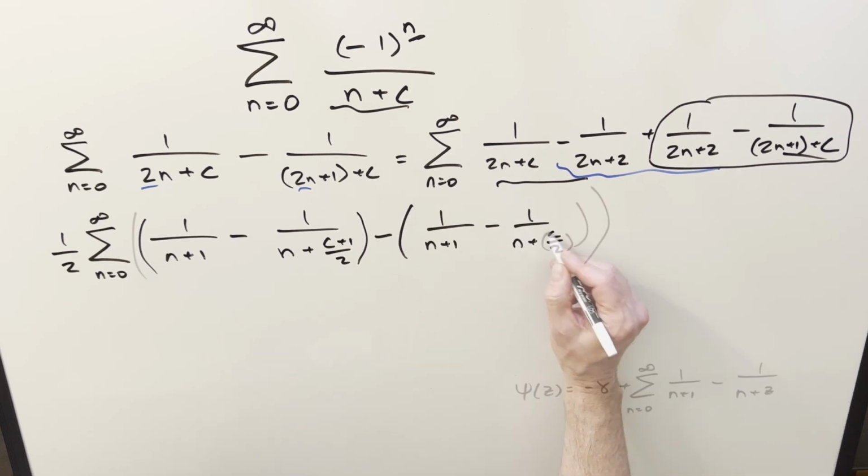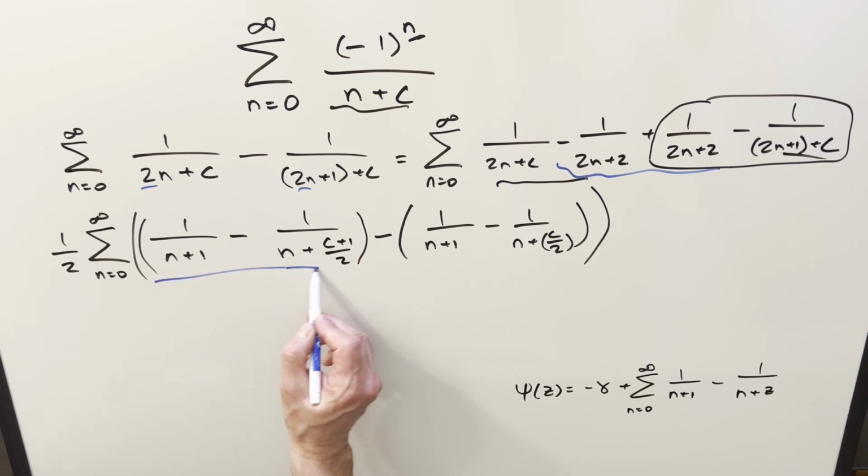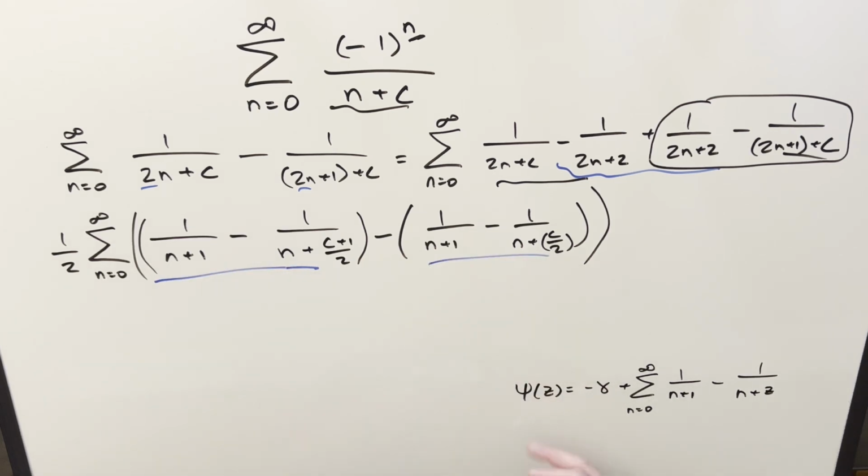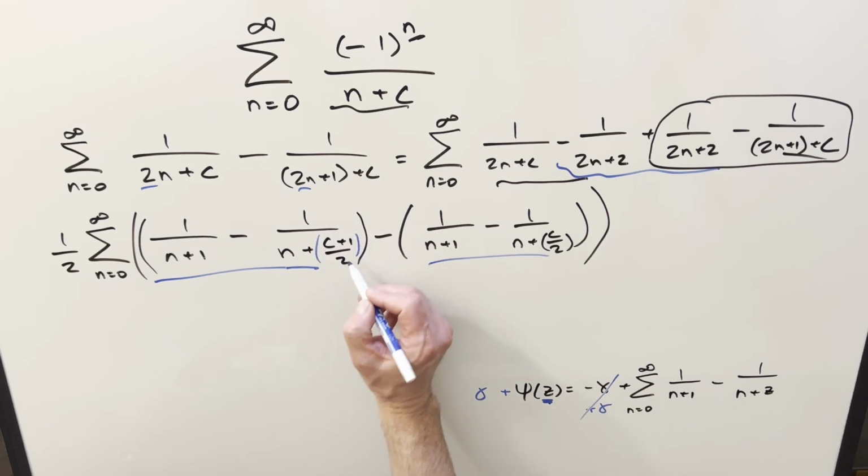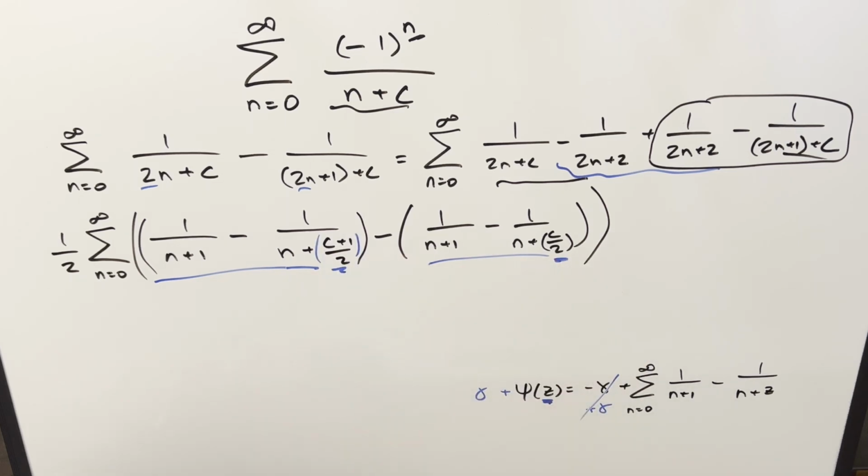Notice that each of these sums matches our series definition for the Digamma function. Just rearranging it, we have the Euler-Mascheroni constant over here. If I add it on both sides, this cancels, and now we've got an expression for this sum. On each of these, the input on the Digamma function is this thing right here and this thing right here. So to rewrite this, we have a half multiplied on everything.